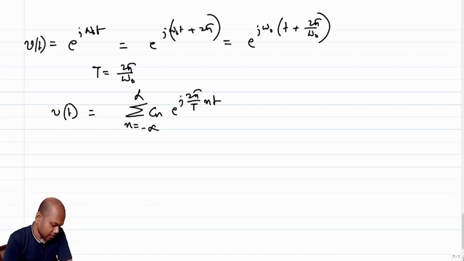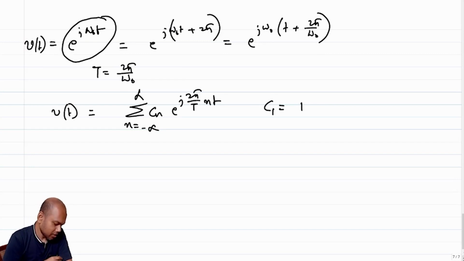Clearly C1 is equal to 1, because if n equals 1, I get C1 e to the power j 2 pi over capital T times t, which is equal to this.